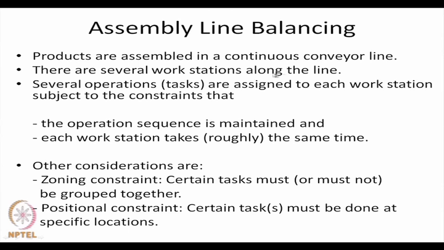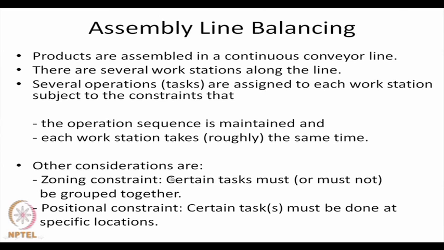This is called the assembly line balancing problem. Now, here normally the products are assembled in a continuous conveyor line. There are several workstations along the line. Several operations or tasks are assigned to each workstation subject to the constraints that the operation sequence is maintained and that each workstation takes roughly the same time.